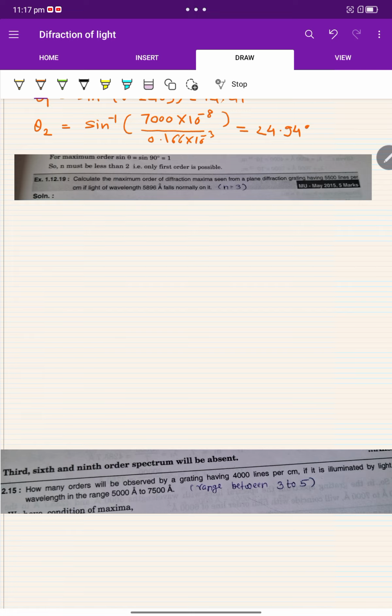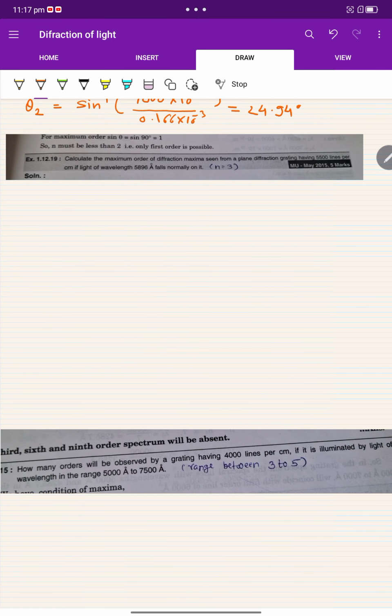Find the maximum order of grating having 5500 lines per centimeter. We have given A plus B is 1 upon number of lines per centimeter, which is 5500. We have also given wavelength is 5896 into 10 to the power minus 8 centimeter.